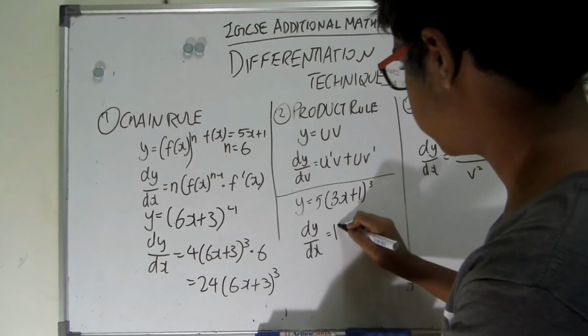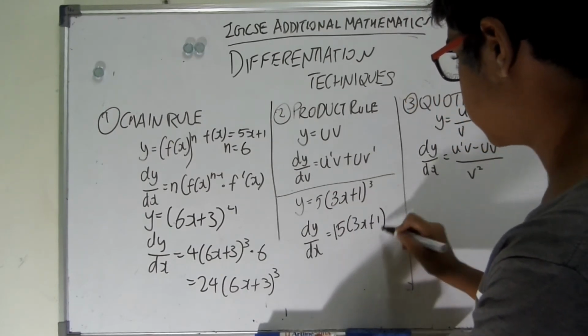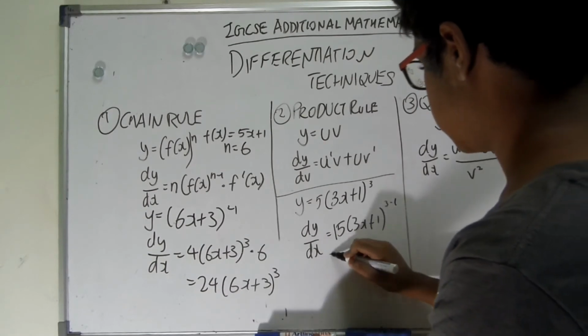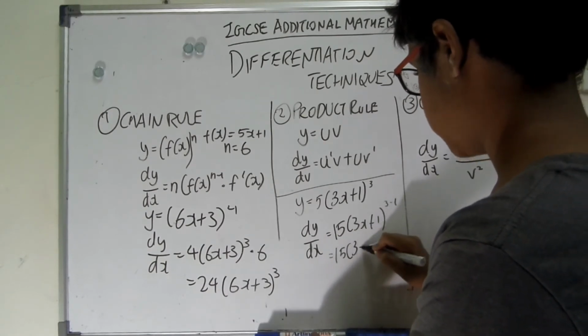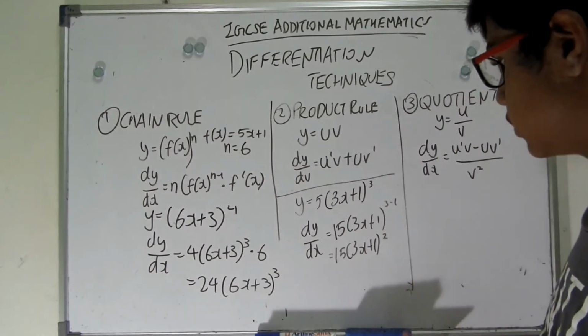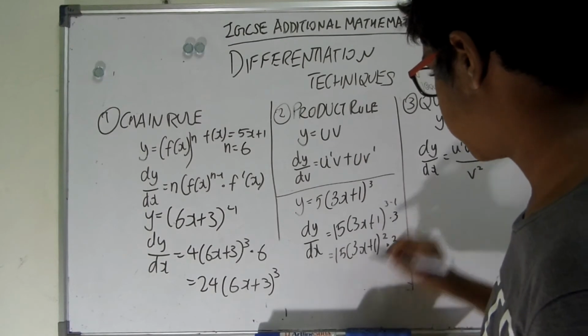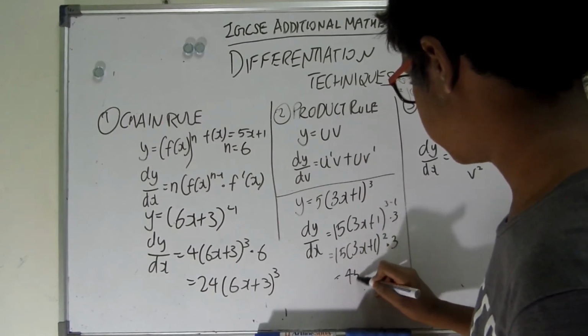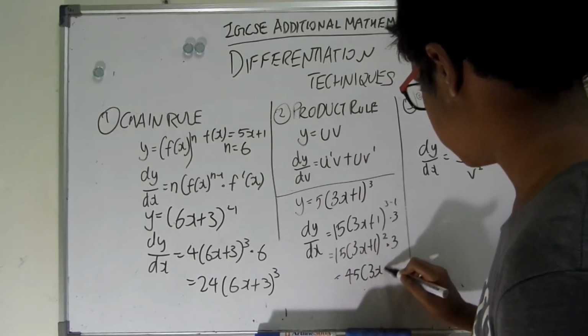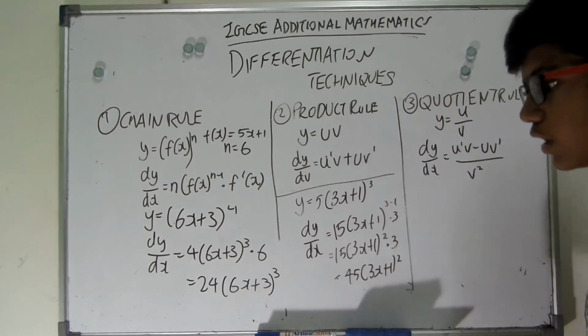So 3 times 5 is 15, (3x + 1) to the power of 3 minus 1, so 15(3x + 1) to the power of 2. It's as simple as that. And we have to multiply that by 3, which gives 45(3x + 1) to the power of 2. This is the chain rule.